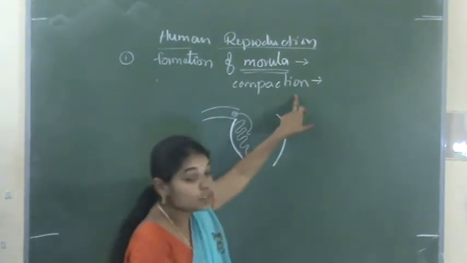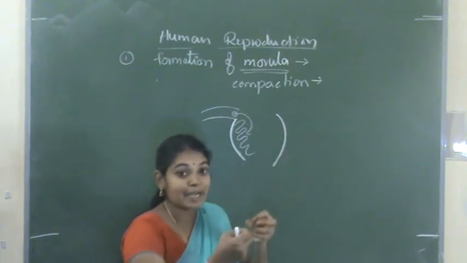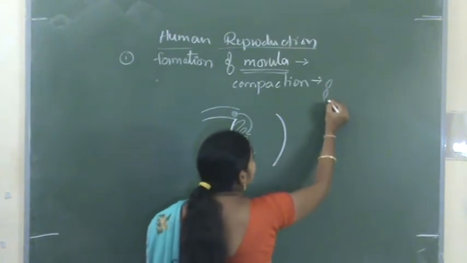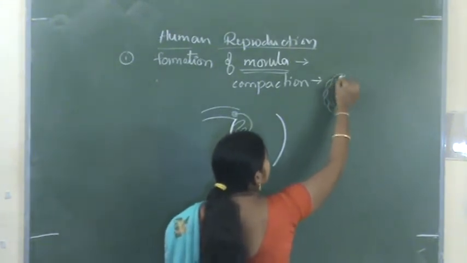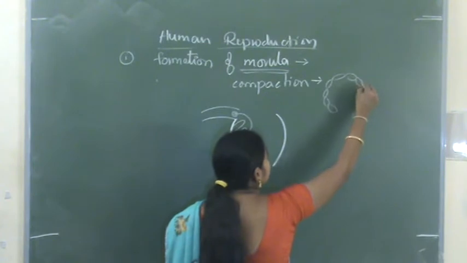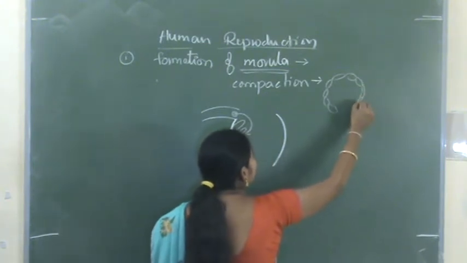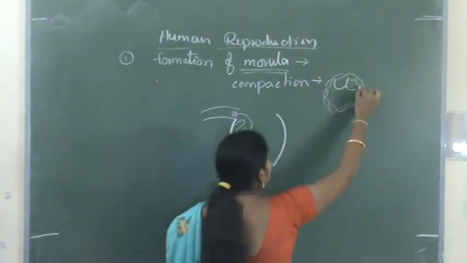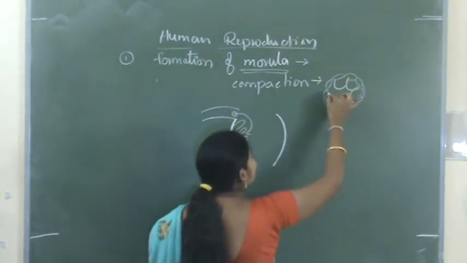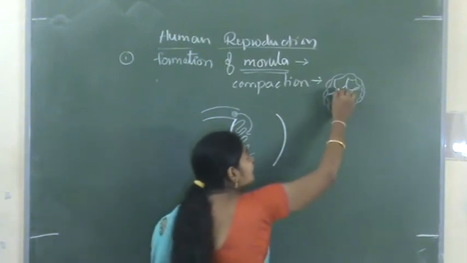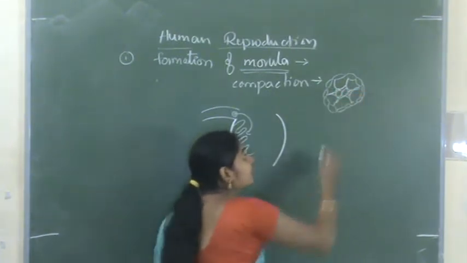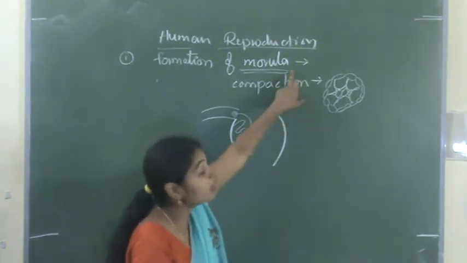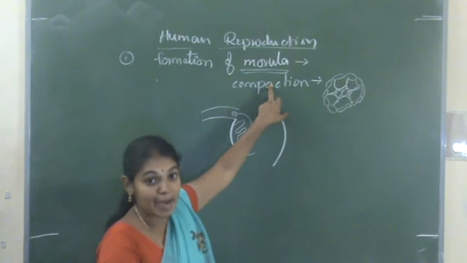The smaller cells compact and form an outer layer, and the bigger cells are restricted to the center. So these are the bigger cells, and this rearrangement of the cells in the morula is known as compaction.